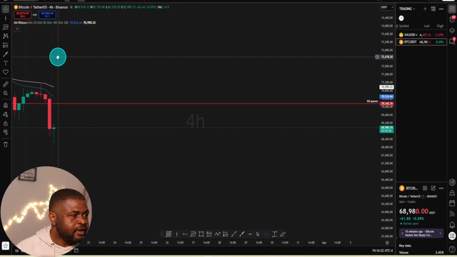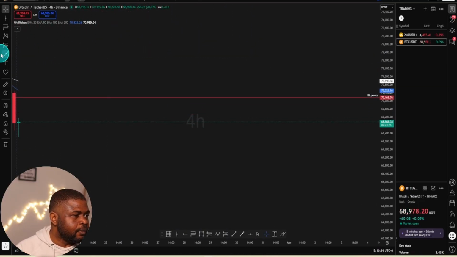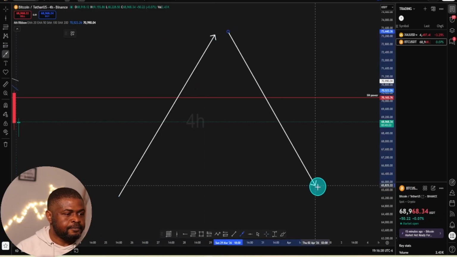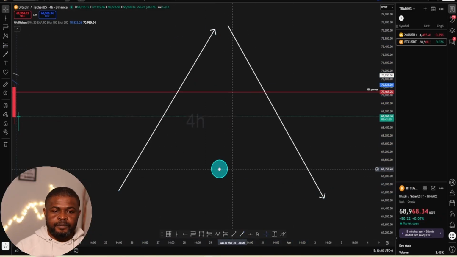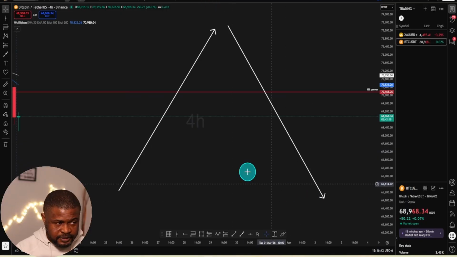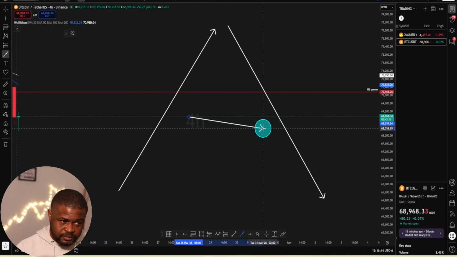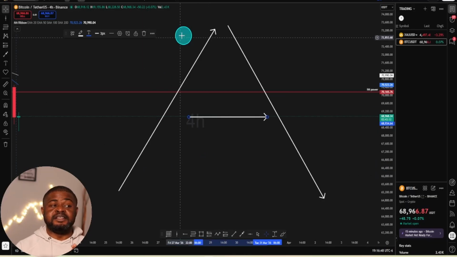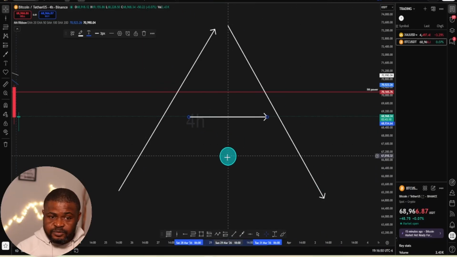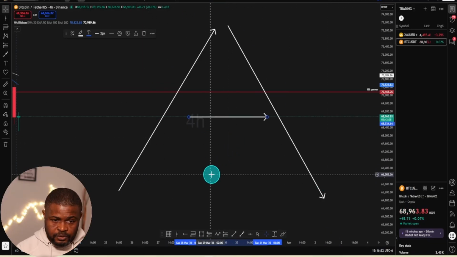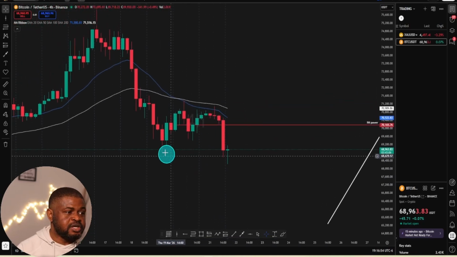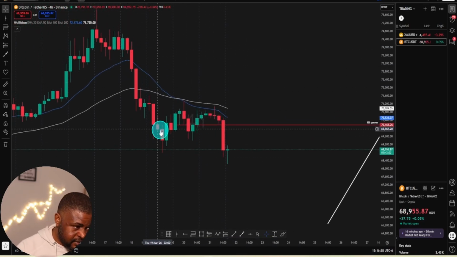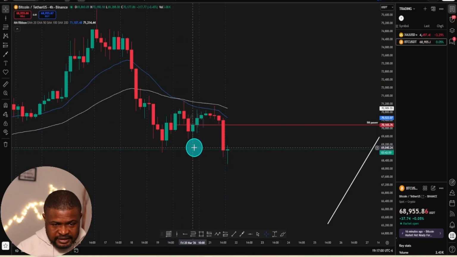By the way, the market can either go up or go down. It can also go sideways. But basically, it's either trending up, trending down, or sideways. But one thing is sure, like you see in these candles, it's either up or down, up, down, up.